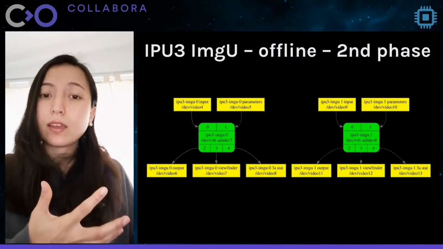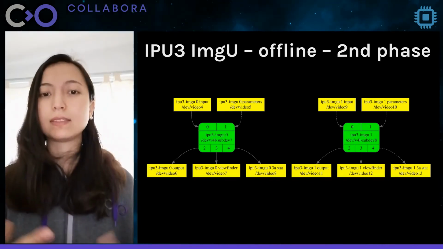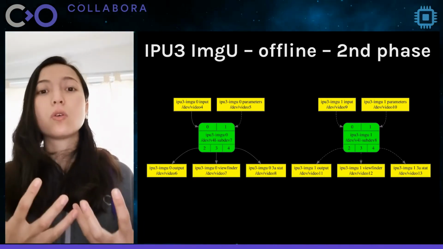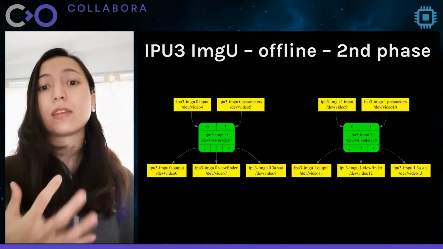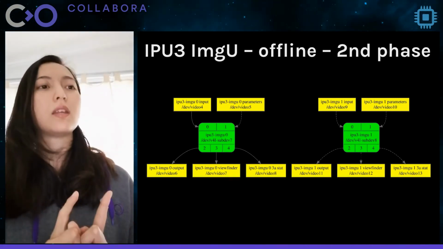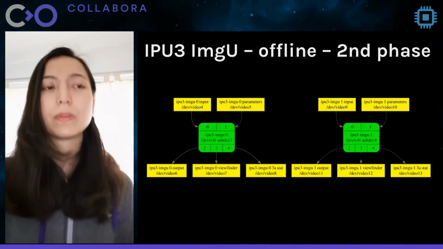The camera interface will place the image in memory in some format that is very specific to this Intel driver. So it is up to user space to get this image and feed it to this other driver, the IPU image unit that performs the second phase of the offline ISP.